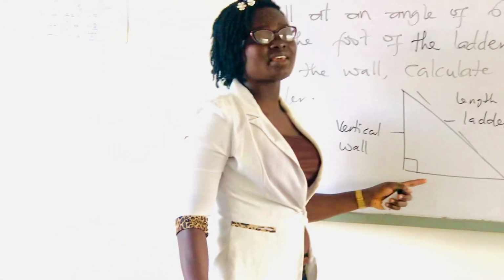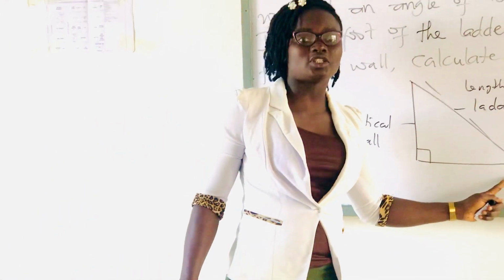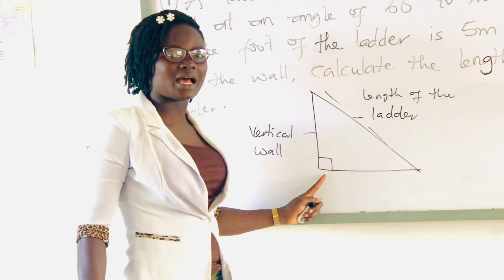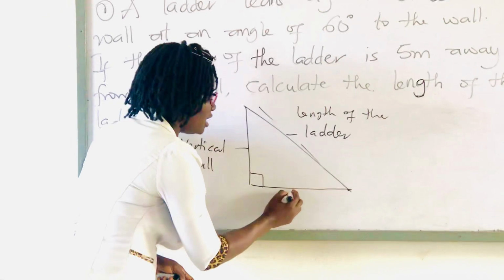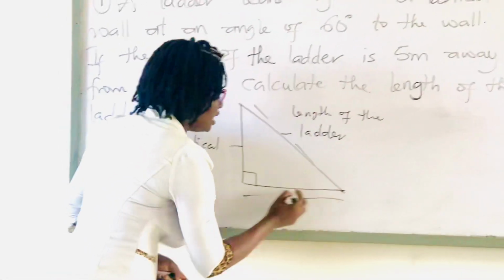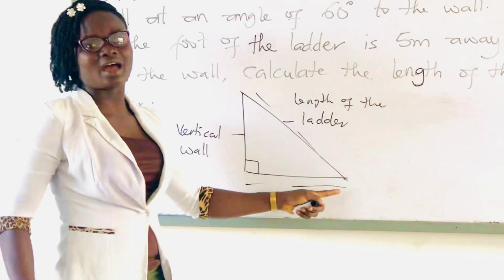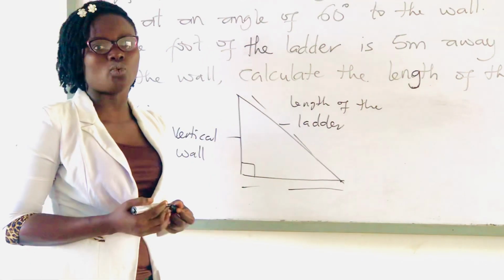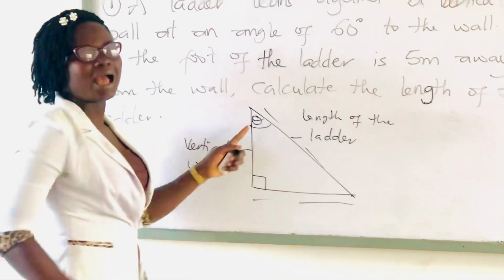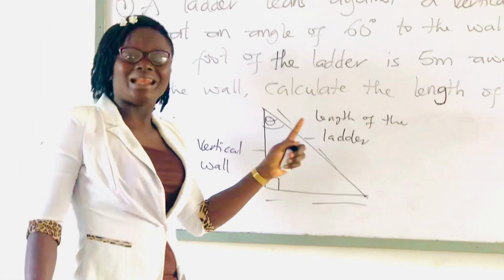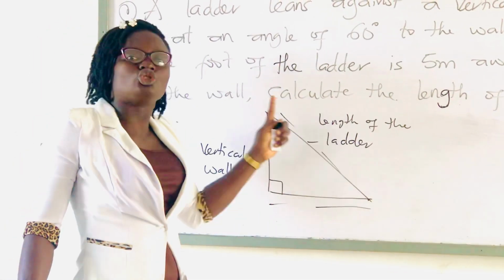So you can see that the distance between the foot of the ladder and the vertical wall will be at the base. So if I have an angle forming here, the angle will be the ladder makes an angle to the wall.